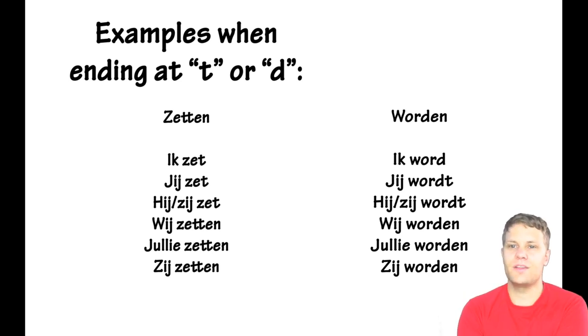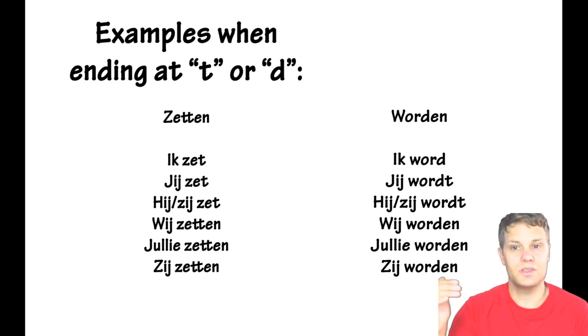Woorden, now that's an interesting one because it has a D at the end, and with the D at the end, you pronounce it as a T, but it's not a T. So what the Dutch do, they said, okay, are we going to just leave the T out, or are we just going to add a T and then really not pronounce it, or pronounce it as if the DT was a T? And the last thing is what they decided.